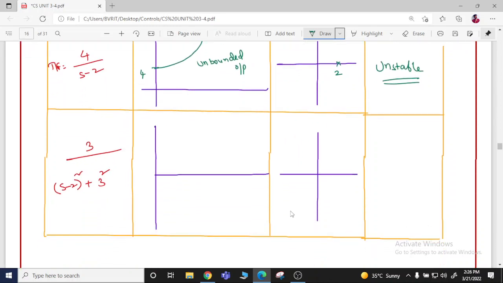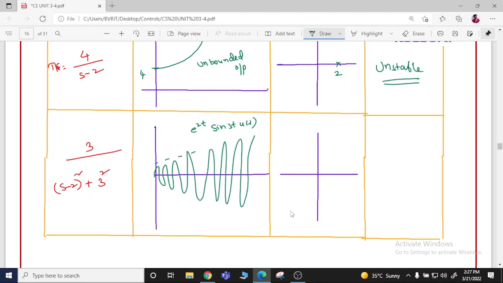The impulse response of this one is e power of 2t sine 3t into u of t. So directly we can say that it is an exponentially increasing sine wave with positive sign. So therefore it is an unstable system only. So here this one will be like this.